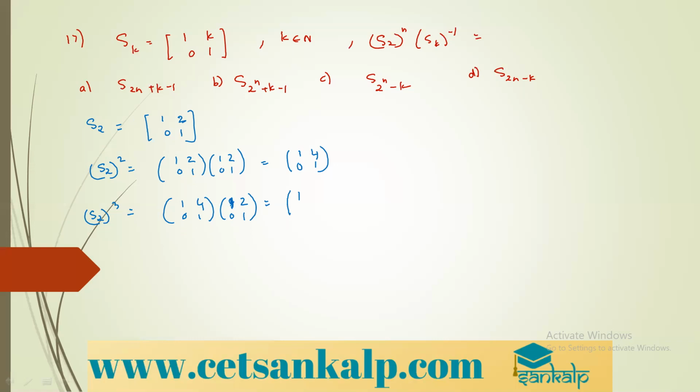So I'll have 1 plus 0 and then 2 plus 4, that is 6. 0 plus 0, 0. And then 0 plus 1, 1.